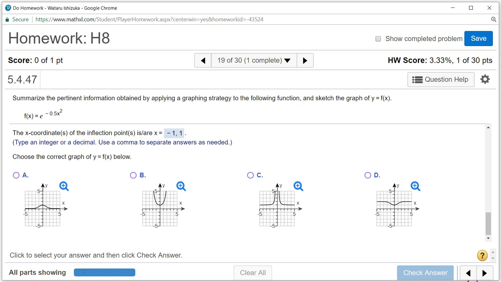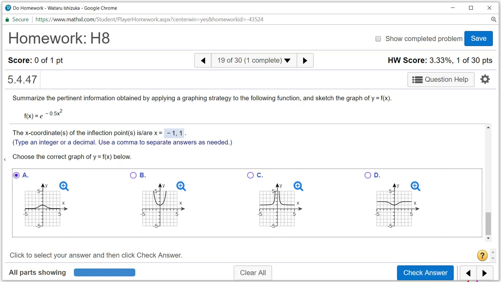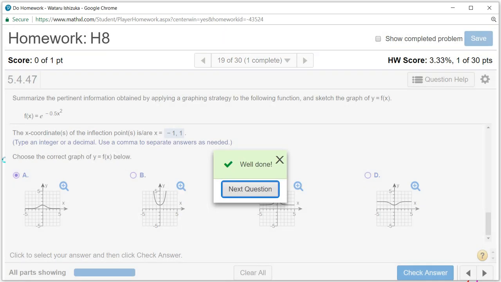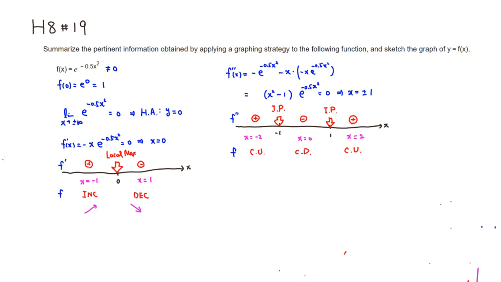But C is not going to be it because it looks like there's some sort of vertical asymptote, which this function does not have. Then you have increasing, decreasing; D does not follow that. So actually A is the only reasonable one. So let's check the answer. All right, we got that. And that's it. I hope that this was clear.